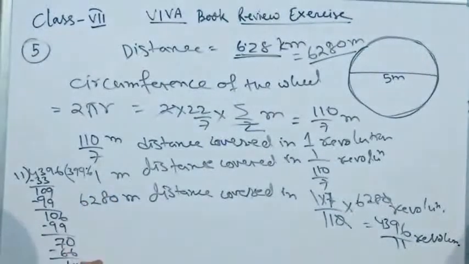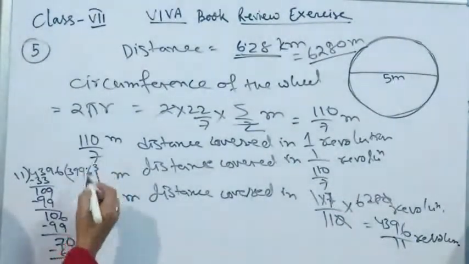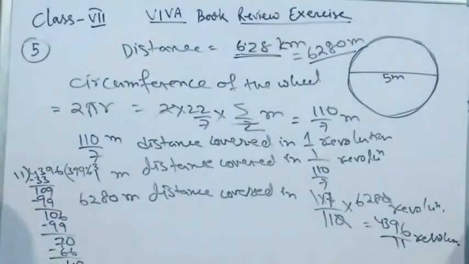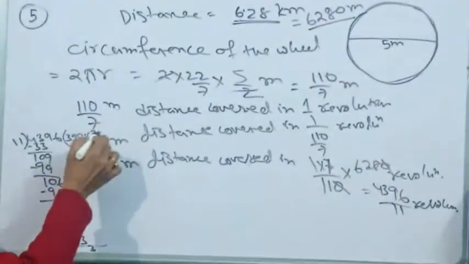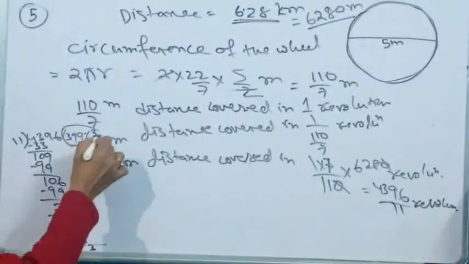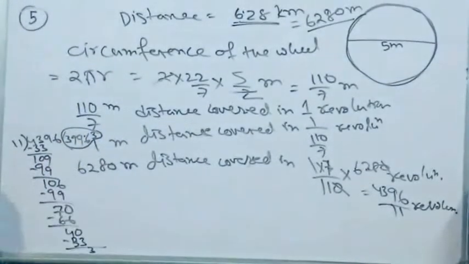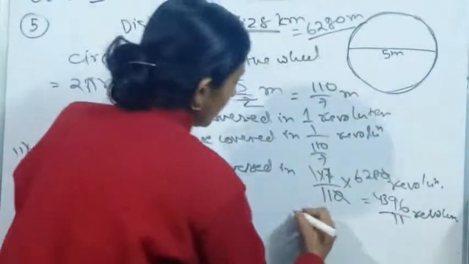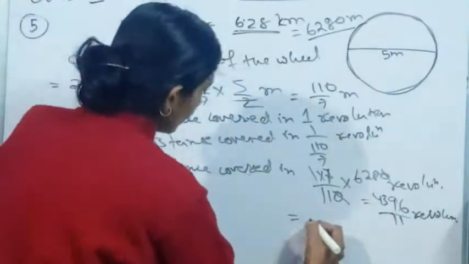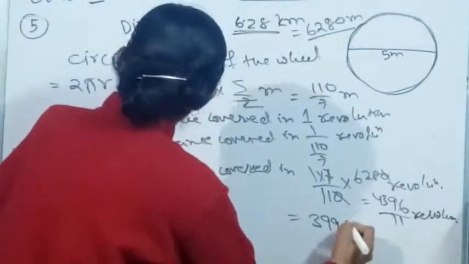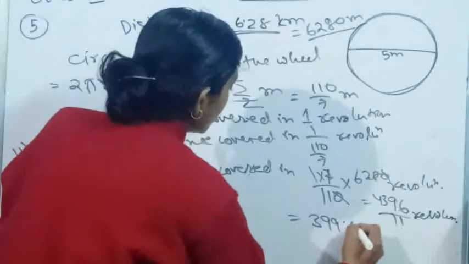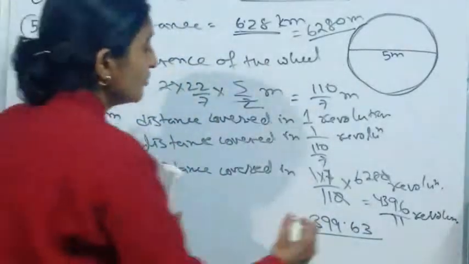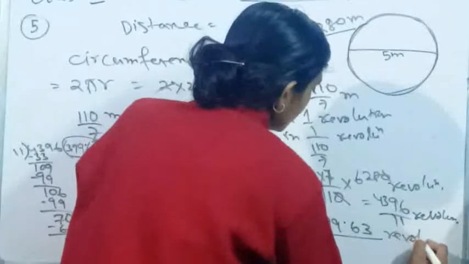So again it will not be completely divisible. Yes, let it be. Leave it up to that. So what is the number we are getting after dividing this? Here you can see the number I have got is 399.63, if I go for 2 decimal places. It is not completely divisible. That many revolutions we need.